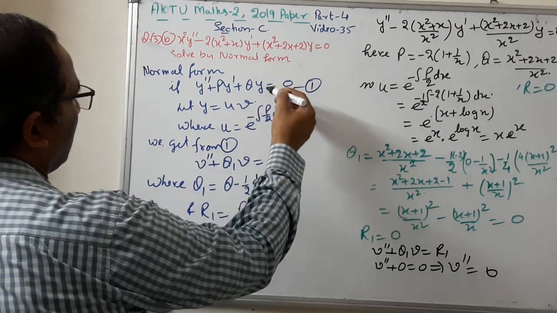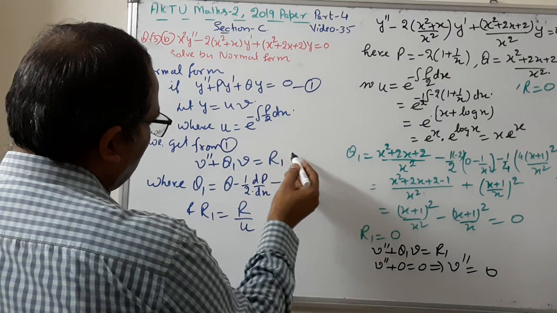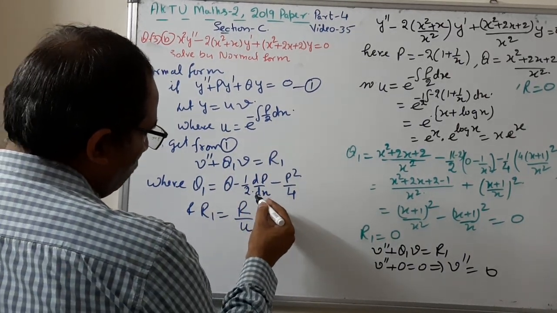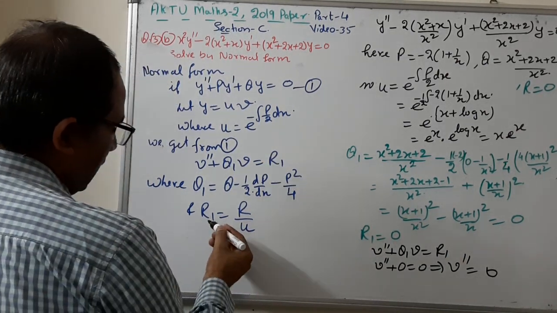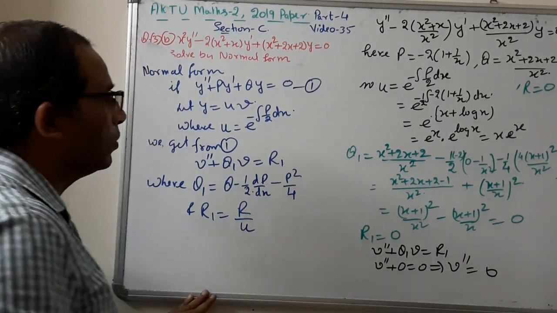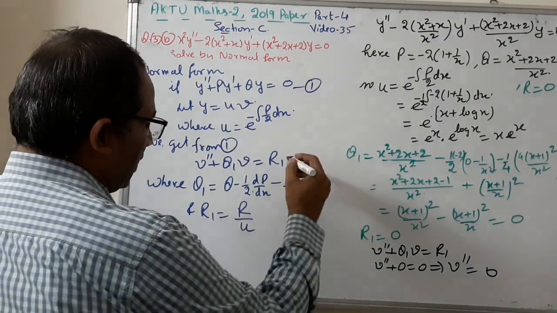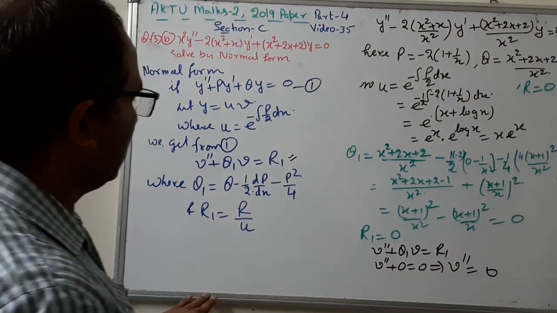And then the given differential equation will convert into v double dash plus q1 v equal to r1, where q1 is equal to q minus 1 by 2 dp upon dx minus p square upon 4, and r1 is equal to r upon u, right? So we will find out the value of q1 and r1 and put here, and then the final solution will be y equal to u into v.